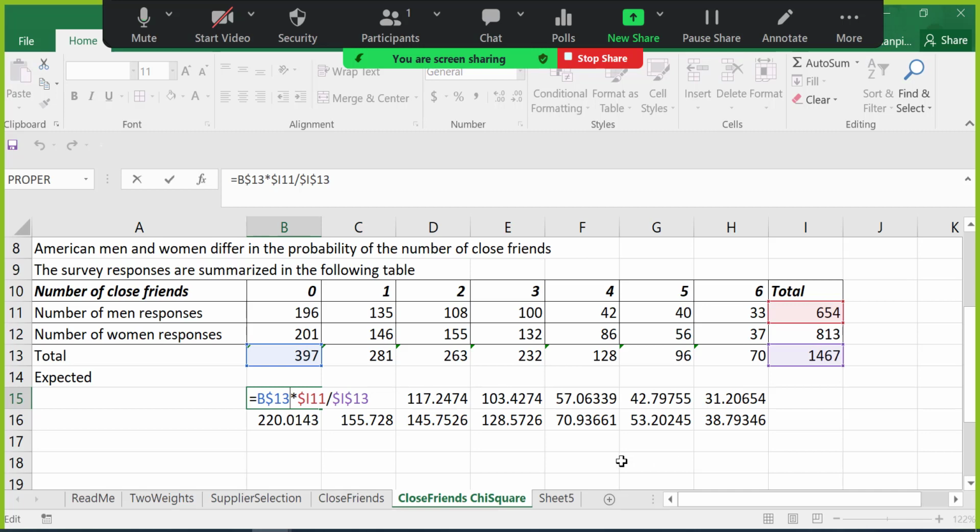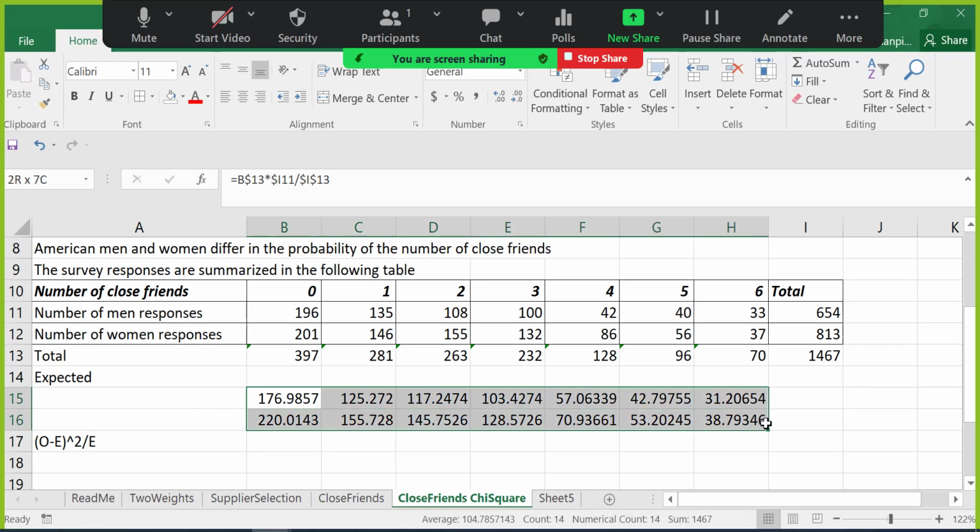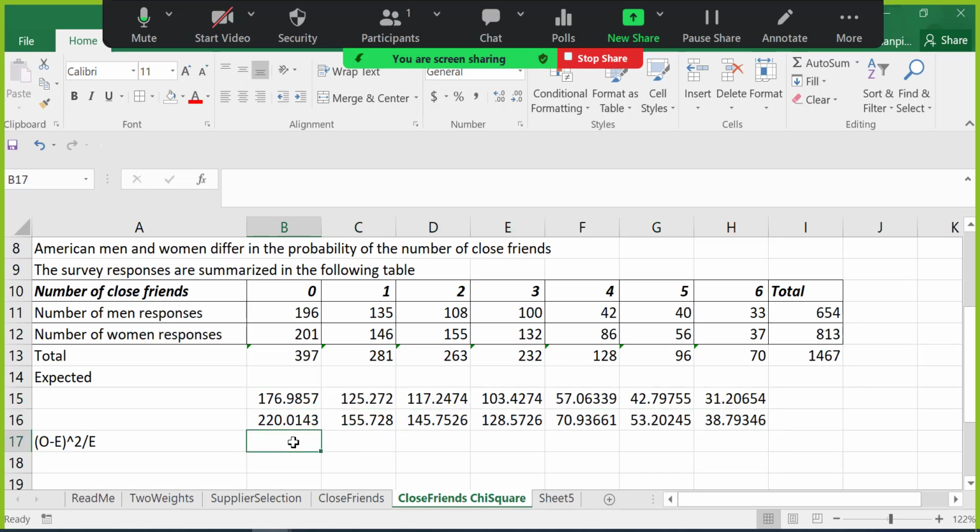So you all get here. Okay, good. Once we have the expected value, next we take observed minus expected, then squared, and then divided by the expected value. So this is the chi-square formula, right? So this equals the observed value minus your expected value, squared, divided by expected value.